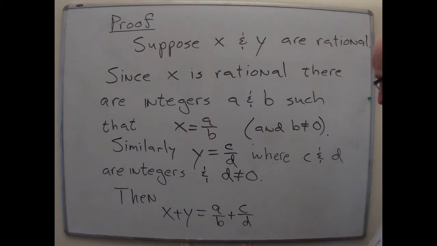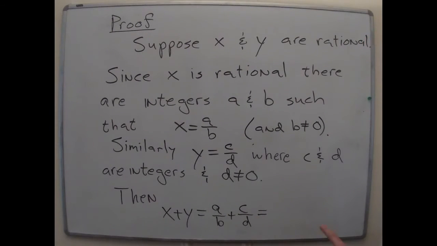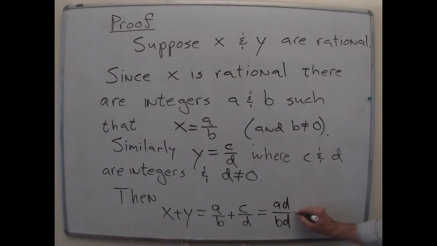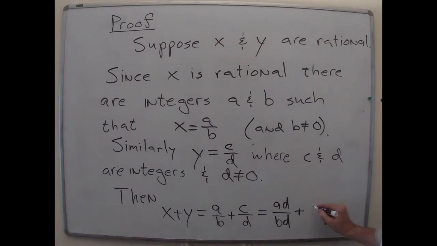So what I'm going to do is multiply the first fraction by d in the top and the bottom. So we'll have a d over b d. And the second one I'm going to multiply in the top and the bottom by b. So we'll have c b over b d.